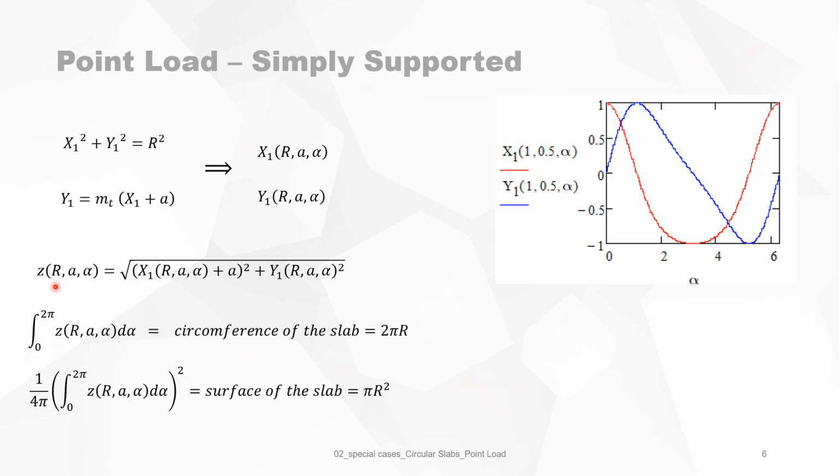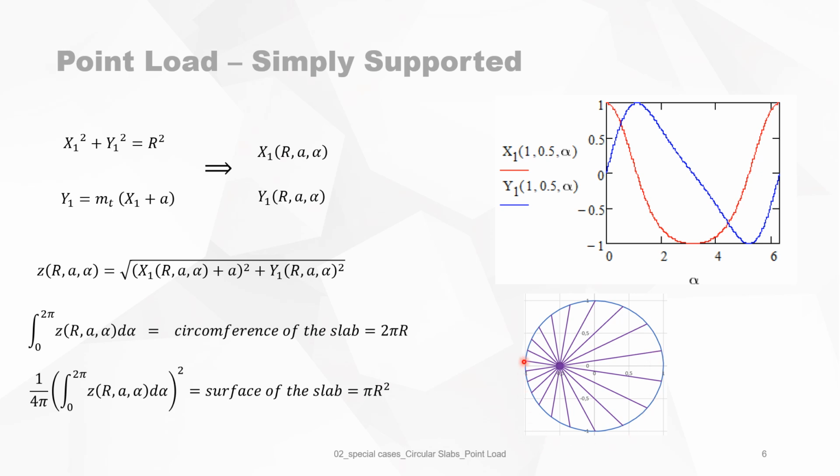If you take the integral of z from 0 to 2 pi, then you get the circumference of the slab. The result will be 2 pi r. And if you calculate the integral of z squared divided by 4 pi, you will have the surface of the slab, which is pi r squared.